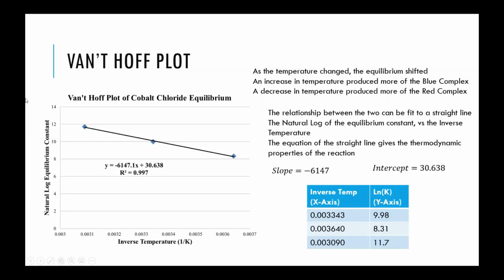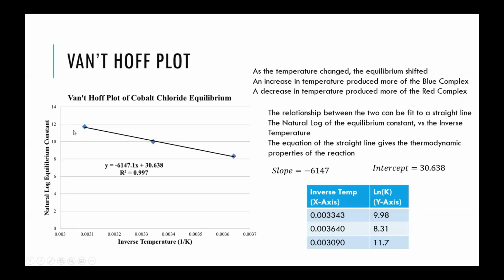And what you're doing is plotting a Van 't Hoff plot of cobalt chloride using your data. So for each of the 3 temperatures, you're calculating the equilibrium constant.